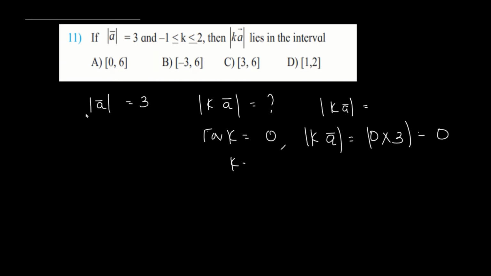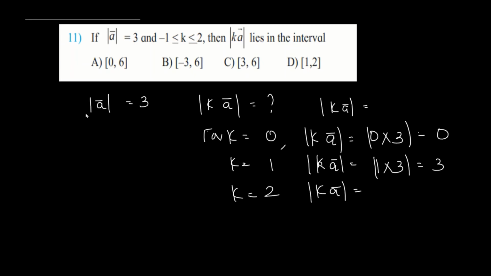Similarly, for k equal to the next integer, that is 1, mod k A bar becomes 1 into 3, which is 3, and for k equal to 2, k A bar becomes 2 into 3, which is 6. So k A bar can have values between 0 and 6. So in this case, the correct option is A, that is between 0 and 6.